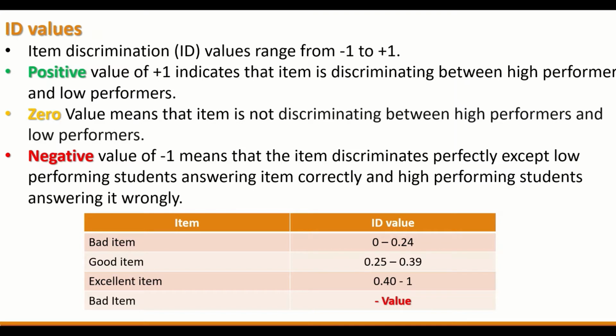As shown here in the table, the ranges for the ID value are listed, and the items are classified as either a bad item when the ID value is from 0 to 0.24, based on Kelley's formula, a good item when the value is between 0.25 and 0.39, and an excellent item when the value is between 0.4 and 1.